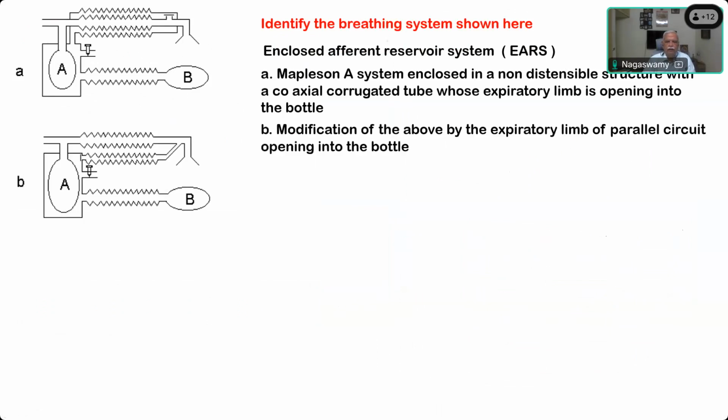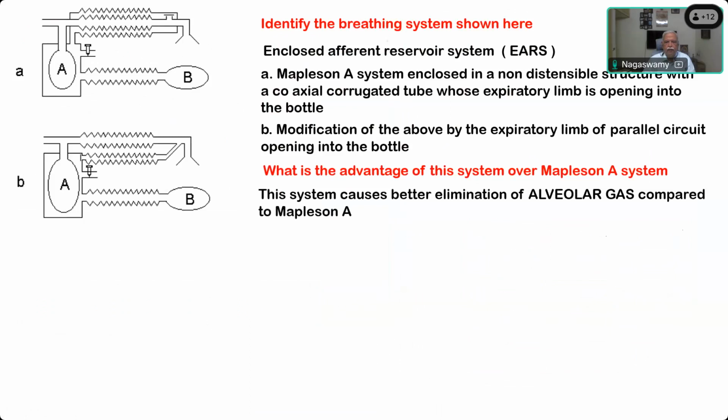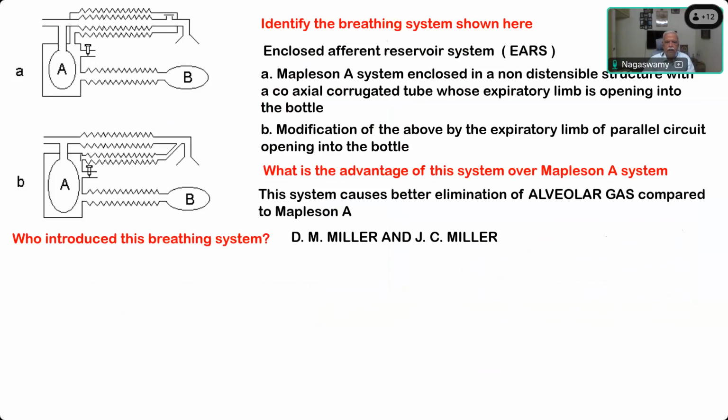It was introduced by two Millers, W.D. Miller and J.C. Miller, and they found that using this sort of system, they are able to eliminate the alveolar gas, which contains most of the carbon dioxide, much better than the simple Mapleson A system. W.D. Miller and J.C. Miller are the two people who introduced it.